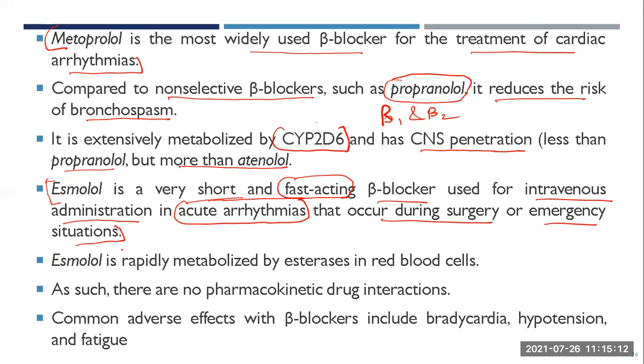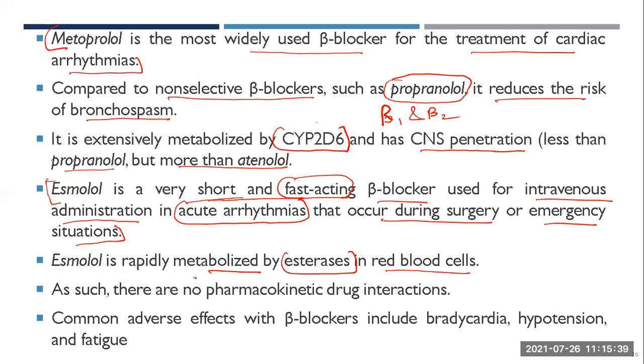Esmolol is rapidly metabolized by esterases in red blood cells. So the metabolism is also different from that of metoprolol. Metoprolol's metabolism happens in the liver, but esmolol's metabolism happens in the red blood cells by the enzyme esterase.